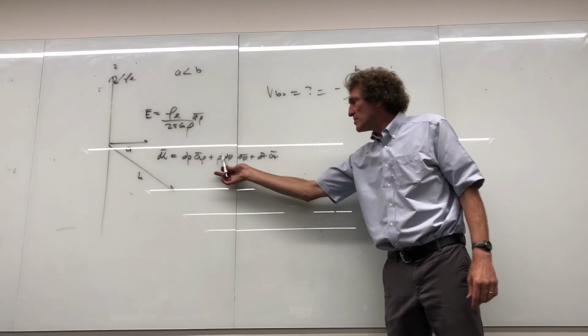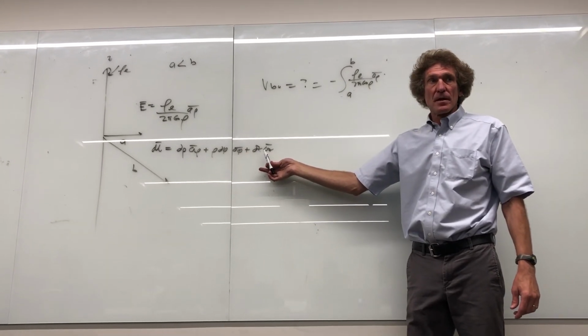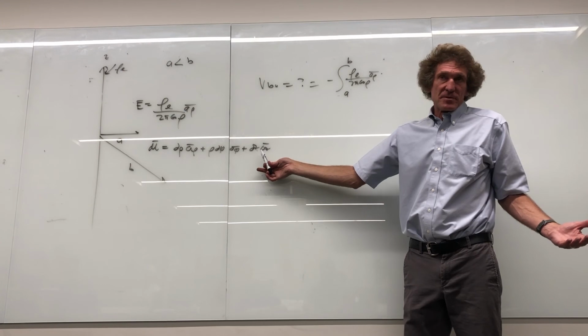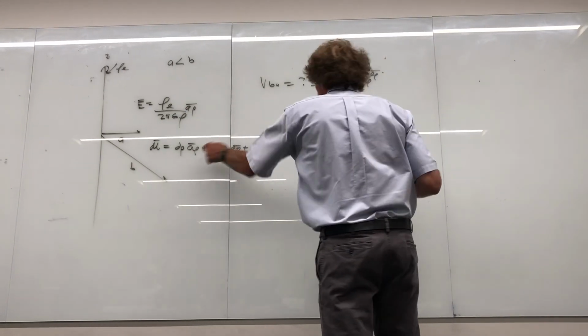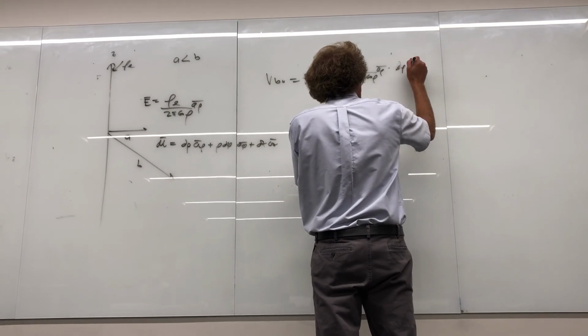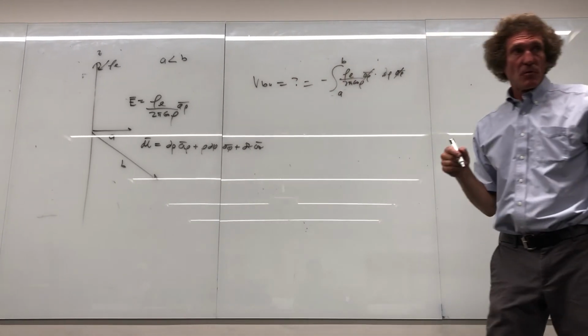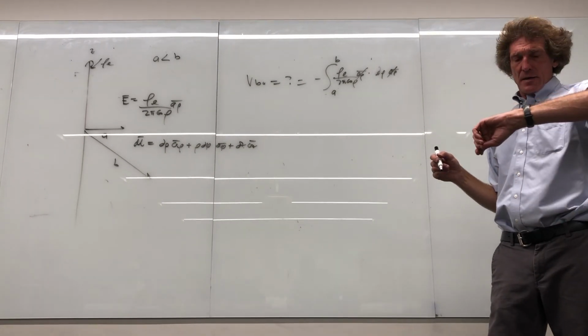Question, do I need to include these two last things? Why not? The dot product makes them 0, right? So I only include the first part, d rho a rho. And here you can see a rho dots out, right? 1.